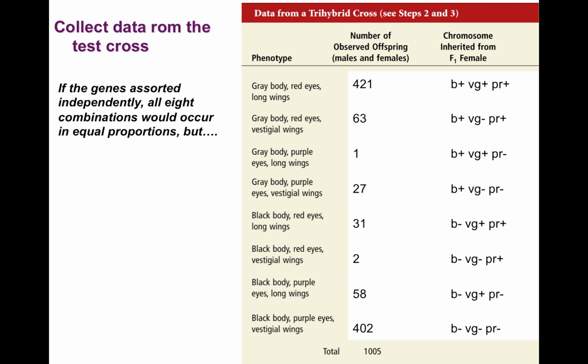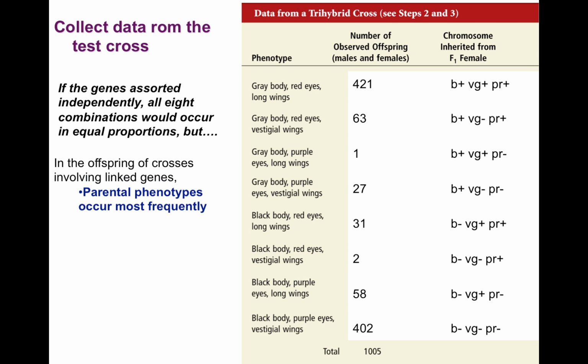We know that if the genes had assorted independently, all 8 combinations would occur in equal proportions, but we know that these genes are linked together. And so the combinations of alleles that show up in the test cross are going to be skewed based on the distances between the genes and what the two parental combinations of alleles were.